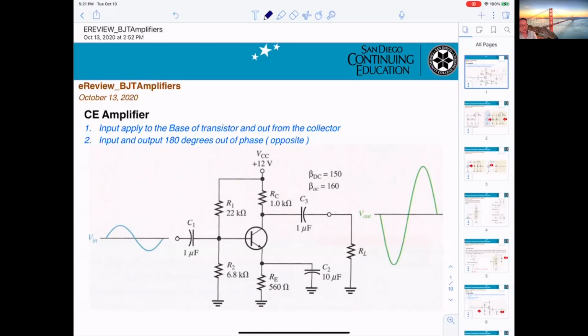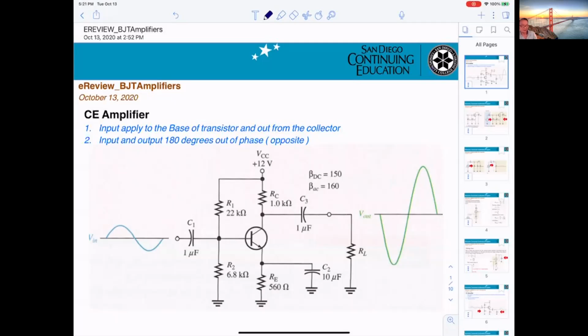That means they allow the AC from the source to go to the base, but not the DC. And C2 is also DC blocking and AC coupling. That means they do not allow any DC voltage from the collector to go to the load. The load, like the speaker, okay?